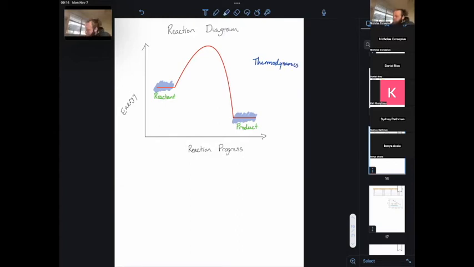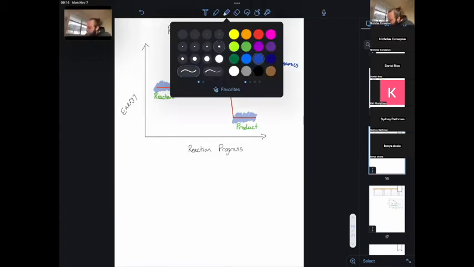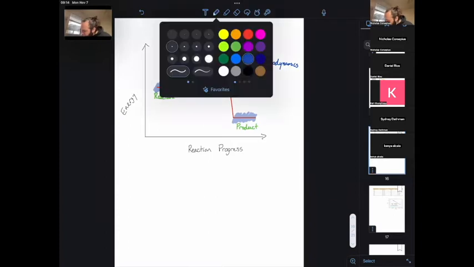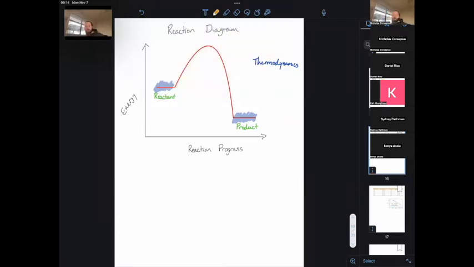And everything in the middle here, we said, is the kinetics of the reaction. We first introduced this concept when we were talking about the thermodynamics of a reaction, so this corresponds to the kinetics.